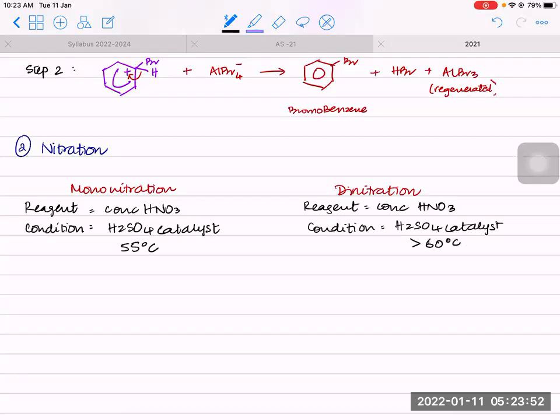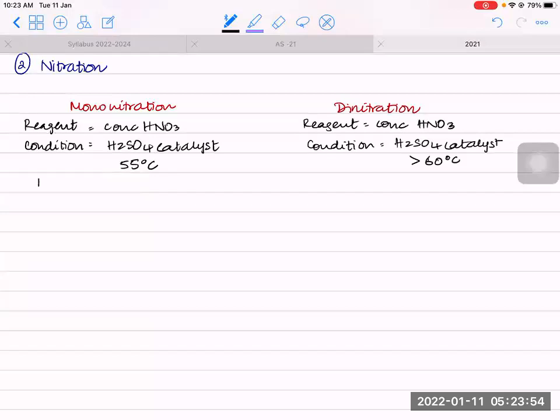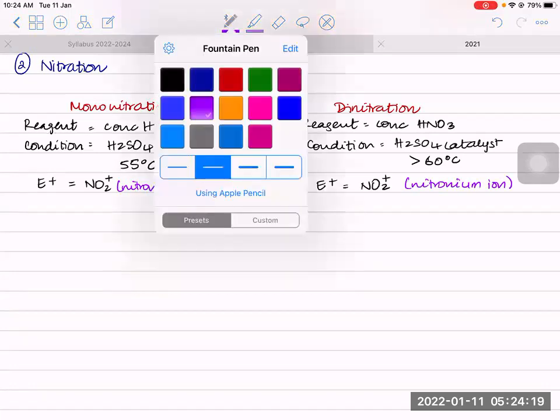Now the electrophile that you make during nitration is NO2 plus. We call this the nitronium ion. So this right here is the nitronium ion. Now let's see the overall reaction.